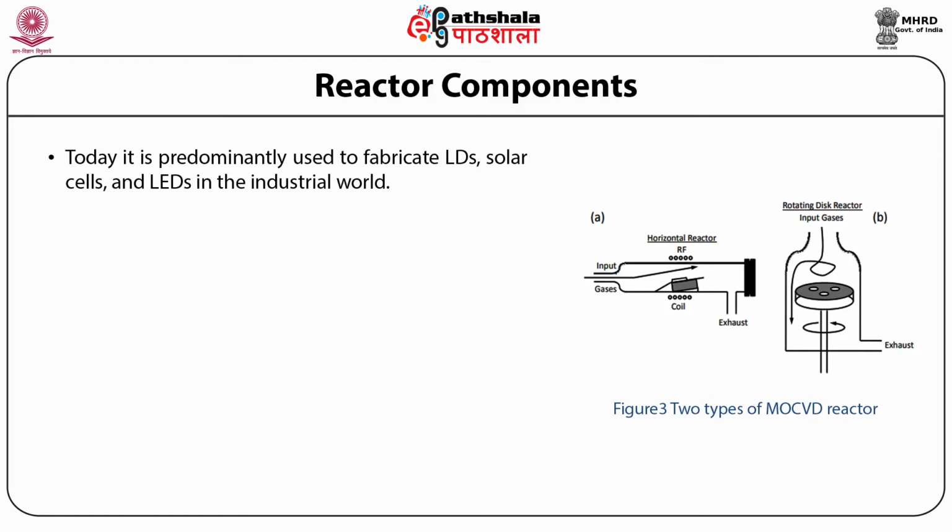Today's MOCVD GaN growth reactors are developed from the approach of Maruska and Tietjen, which is capable of depositing film with aluminum nitride and indium nitride.